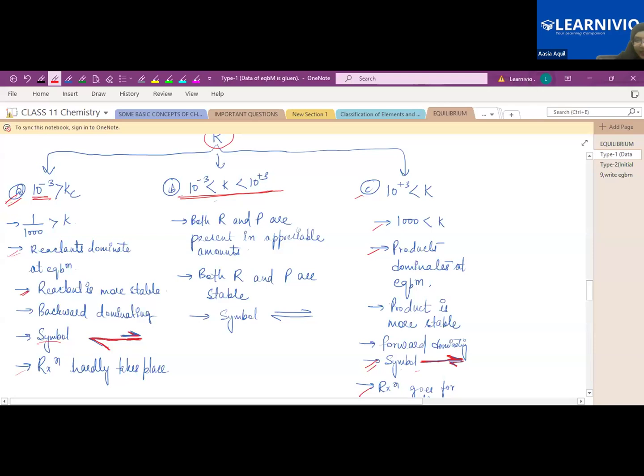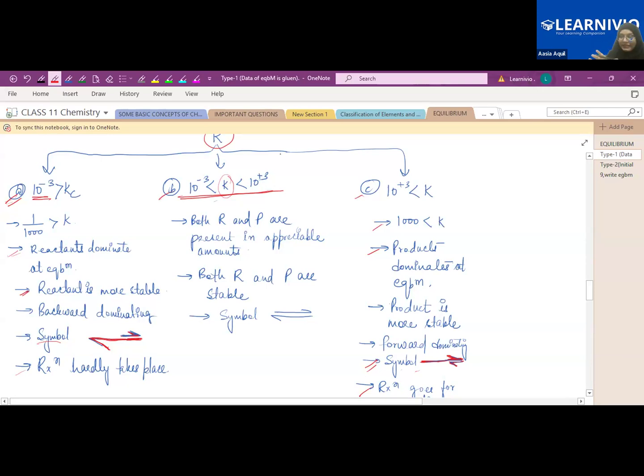Now, in the second case, case B, when the equilibrium constant value is between 10 raised to the power minus 3 and 10 raised to the power plus 3. It means it is greater than 10 raised to the power minus 3, but less than 10 raised to the power plus 3.